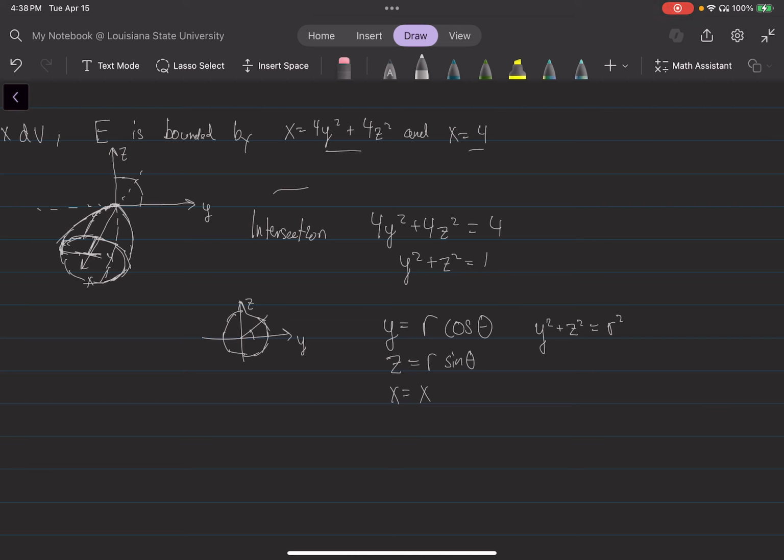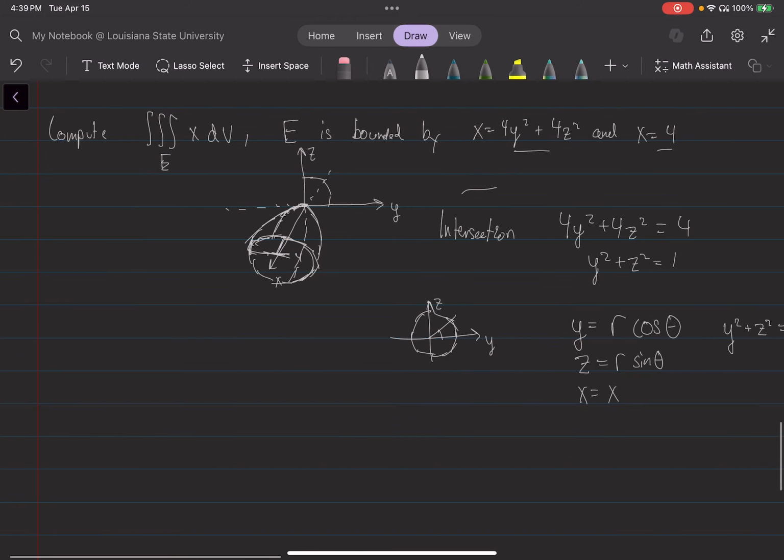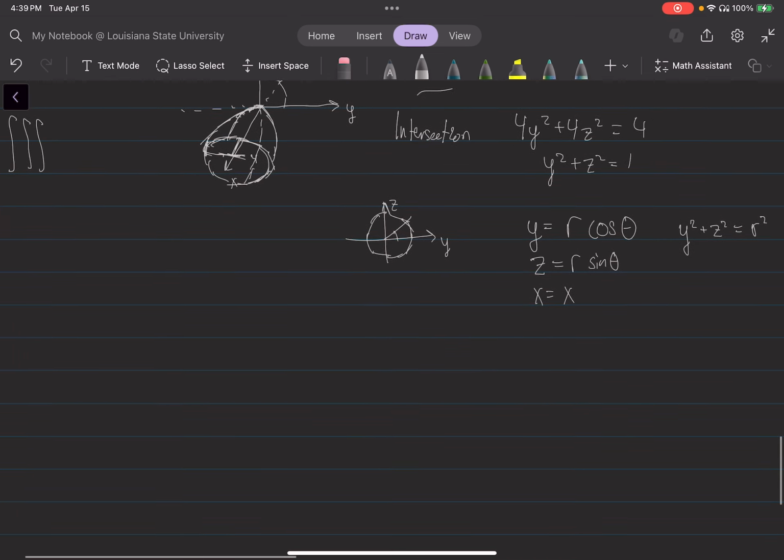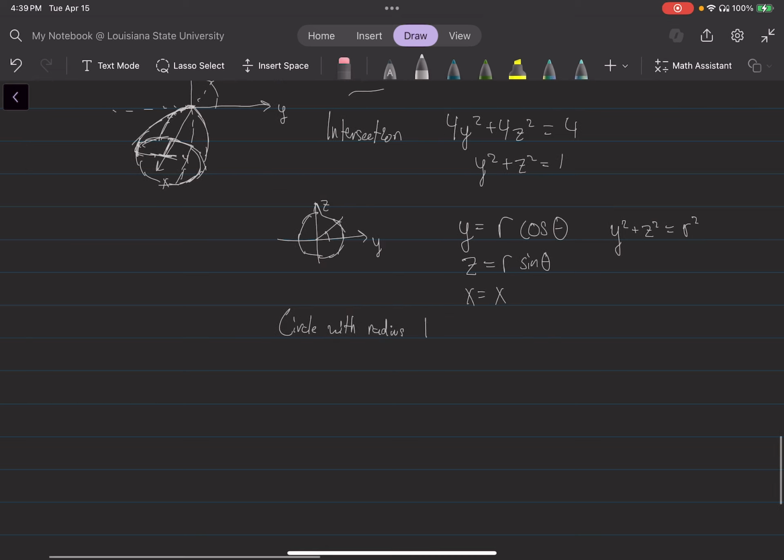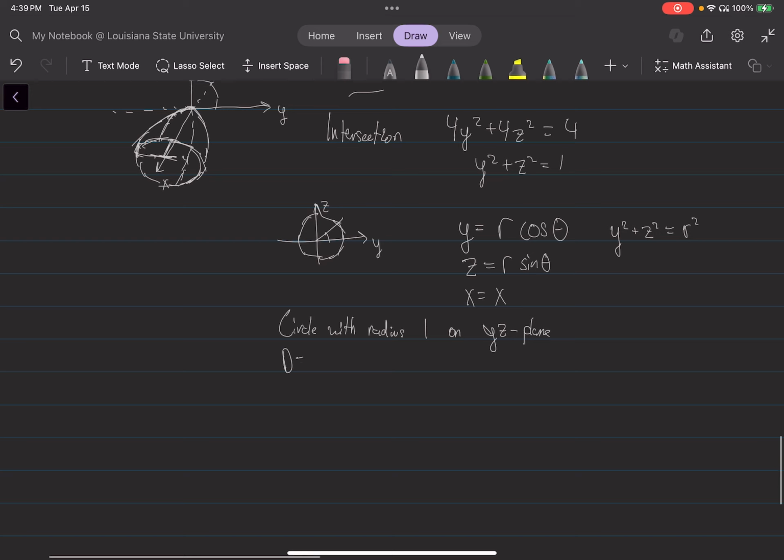So from here, we can observe that our range, a circle with radius 1 on the yz plane, not the xy plane, we could say is defined as some r, theta, where r ranges from 0 to what?